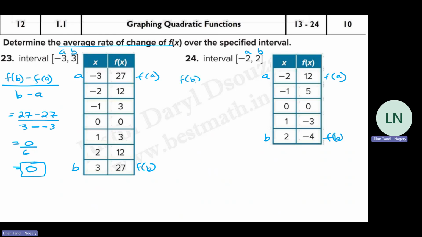F of B minus F of A over B minus A: negative 4 minus 12 over 2 subtract negative 2. Negative 16 over 4, that should give us negative 4.